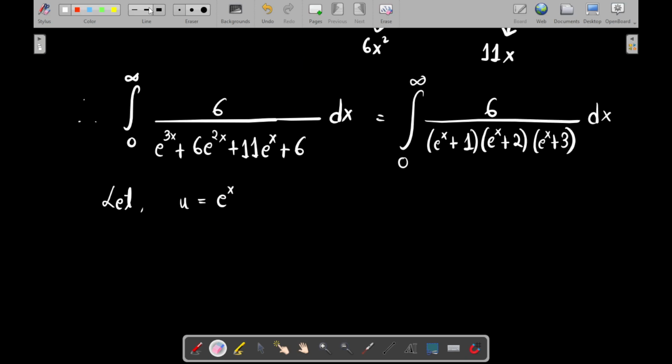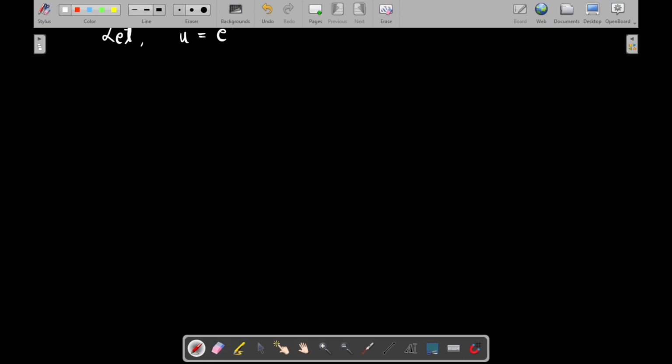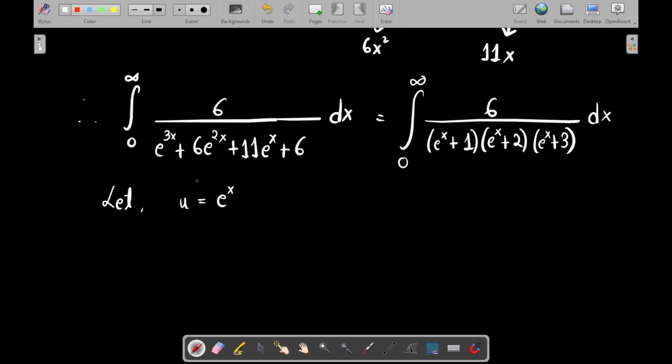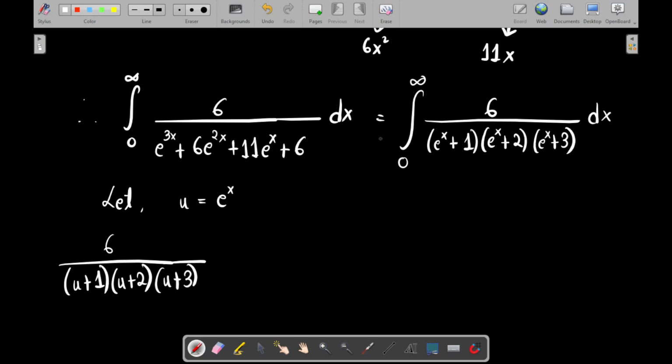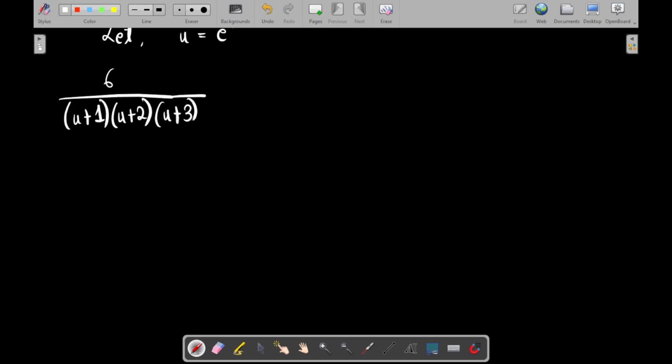So if I write u equal to e to the power x, I can write this fraction as 6 upon u plus 1 times u plus 2 times u plus 3. This is just the fraction without the limits of integration.